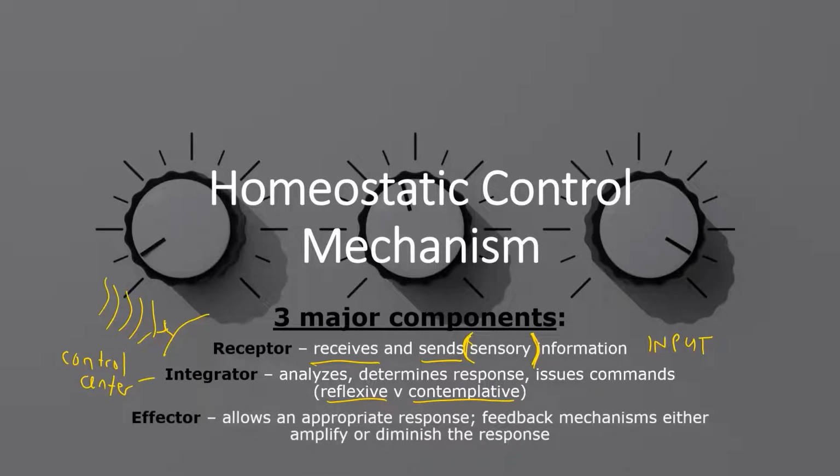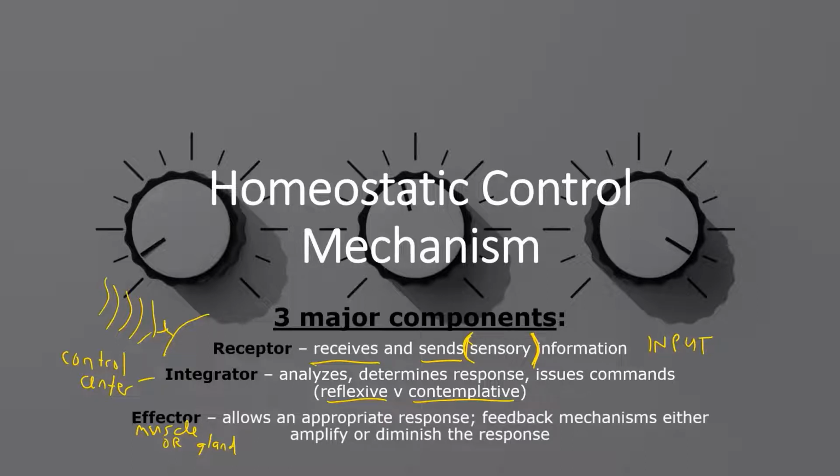So this third part's called the effector. It's the thing that will have an effect. And in these lectures, an effector will either be a muscle or a gland. So when we talk about effectors in here, you'll hear me talk about muscles or glands. Those will do the effectation. They will have the response, some sort of appropriate response, hopefully.